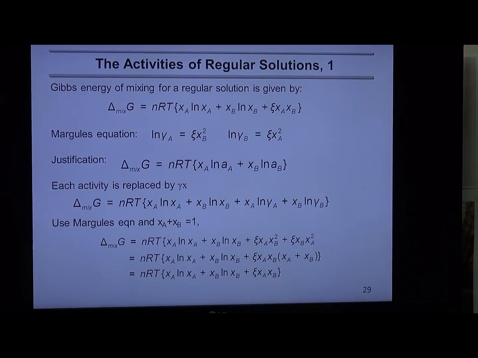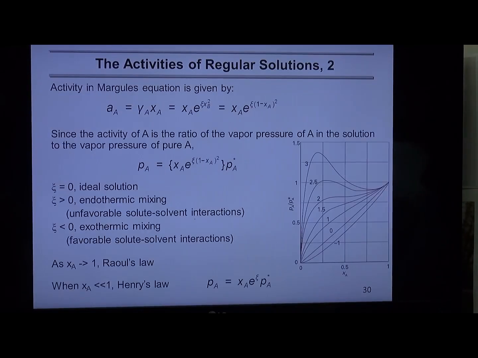And from the activities of regular solution, let's see the limit, especially for when concentration of solvent is high or concentration of solute is really low, if this regular solution behavior follows Raoult's law or Henry's law.